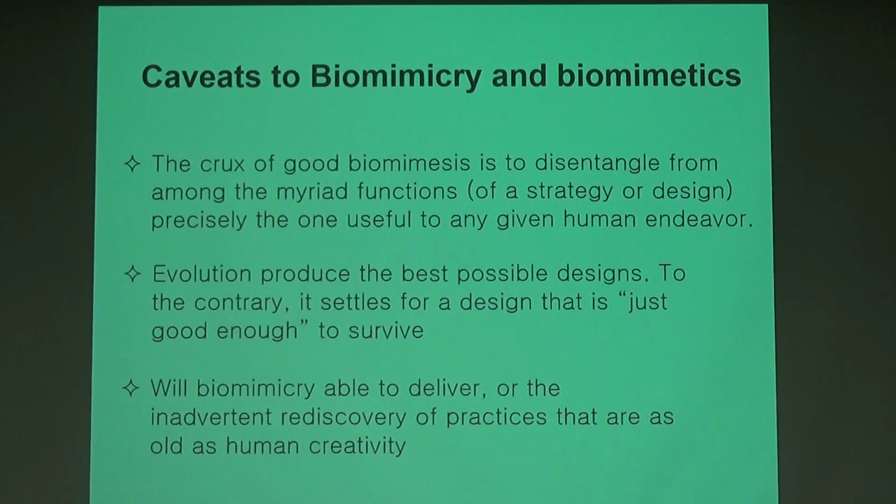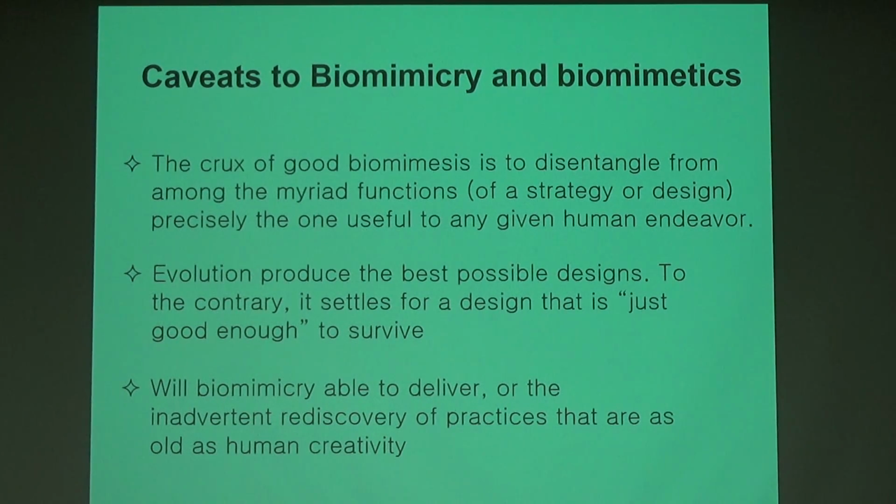So, does evolution produce the best possible designs? There's kind of a thought in biology that evolution develops organisms that are perfect, when that's not true. To the contrary, what evolution does, how organisms adapt to their environments, is they settle on a kind of design that is just good enough to survive.